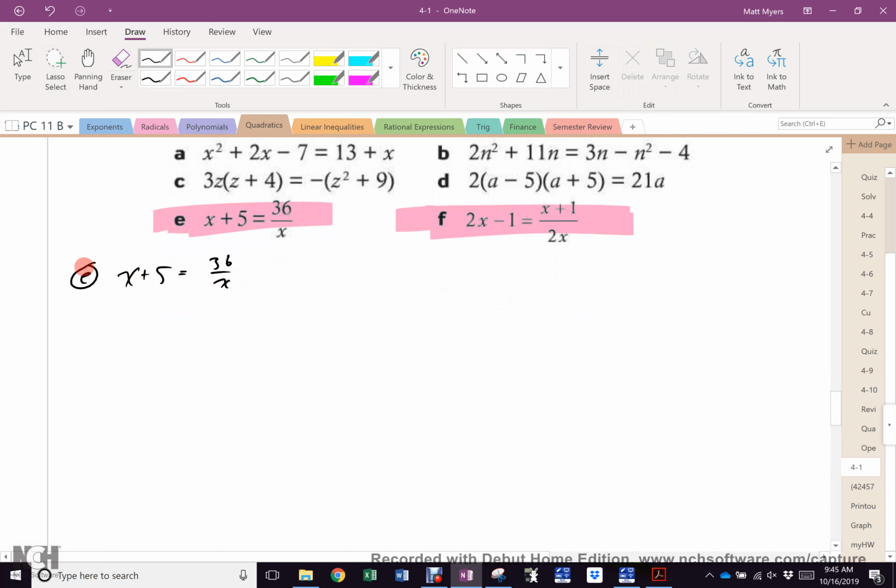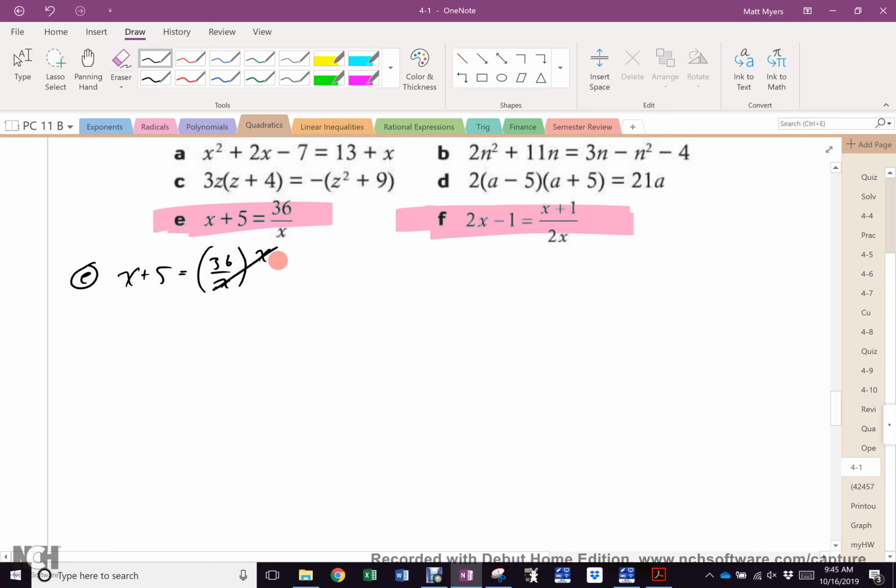Now, some of you will look at that, and I warned you about it. I told you what you could do. I reminded you. But some of you will have forgotten that, so you have to bring your math knowledge to the party. What there bothers you? The denominator of x, because fractions make you pee your pants. So, you get rid of it by multiplying by x.